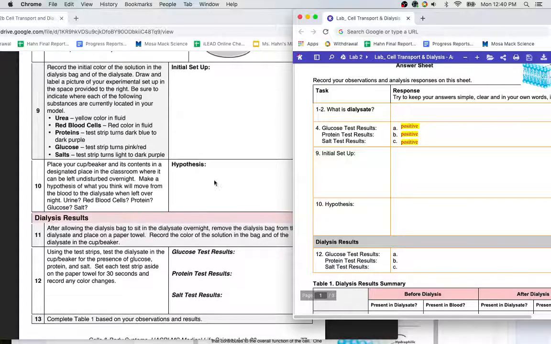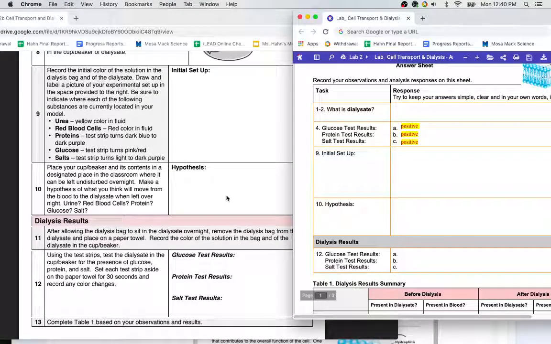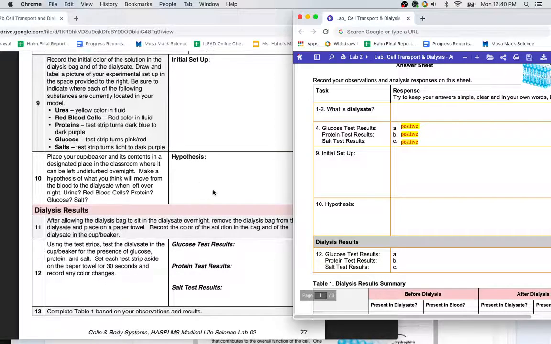So think about what needs to move out of your blood into the dialysate to be removed as waste. Some of these might be waste, but some of them might not be waste. So go ahead and write that, and then I will come back in 24 hours to show the results.